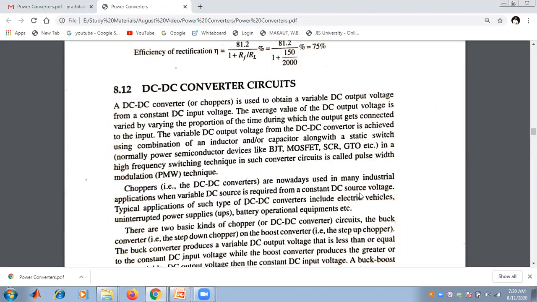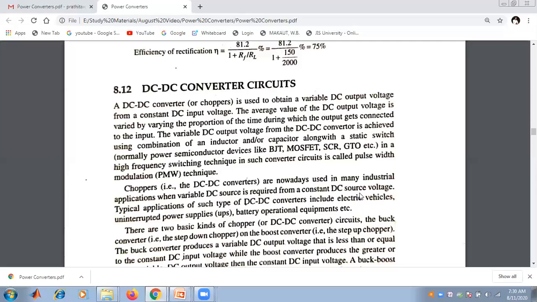Basically, those converters are classified into four categories. They are rectifiers, DC to DC converters, inverters, and AC stage controllers.